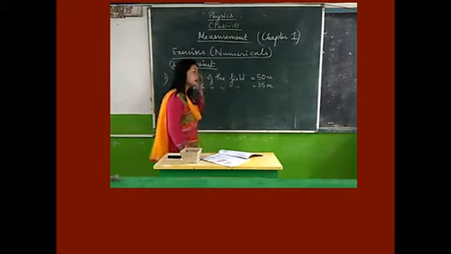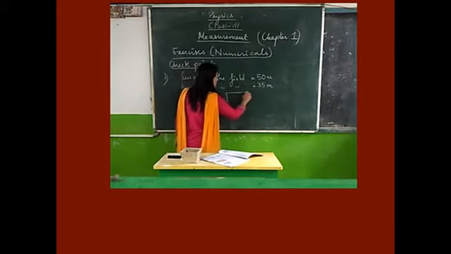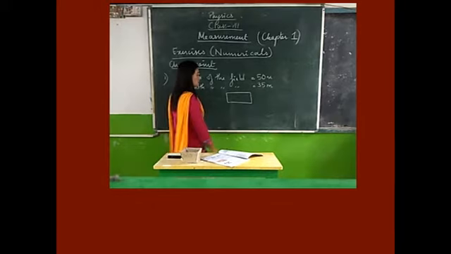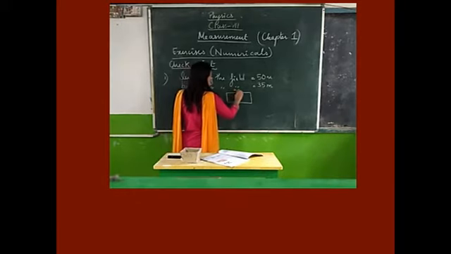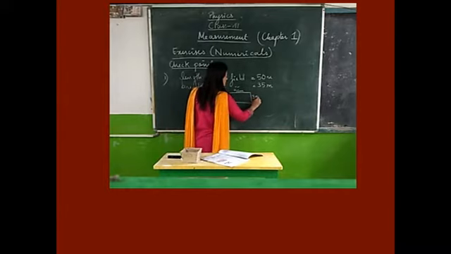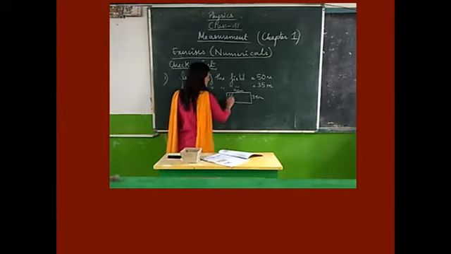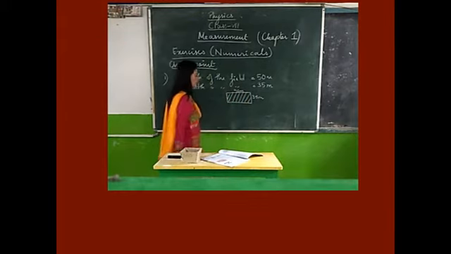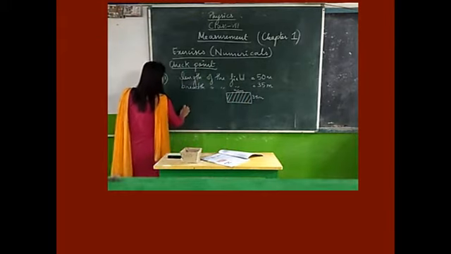You have to find the area. Now, rectangular field. See, this is your field, which is in the shape of a rectangle. The length is given as 50 meter. Your breadth is given as 35 meter. You have to find the area, which means the surface. So what is the area?